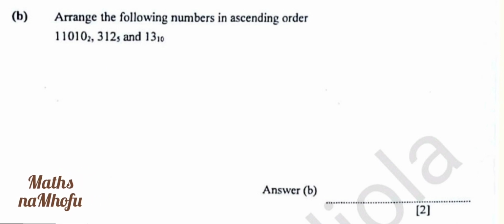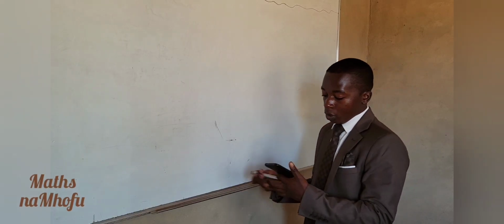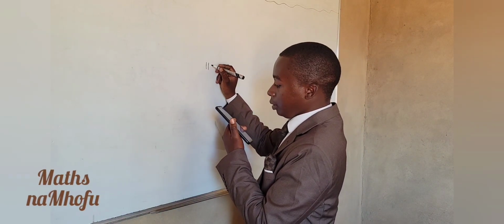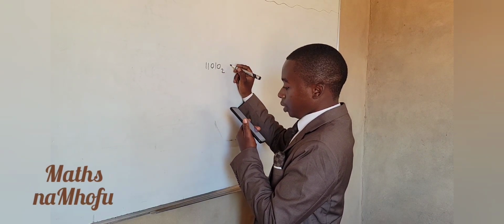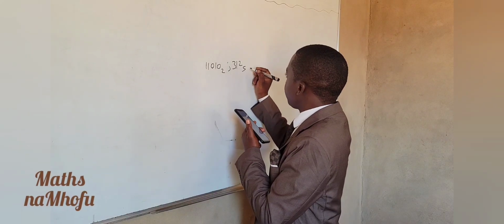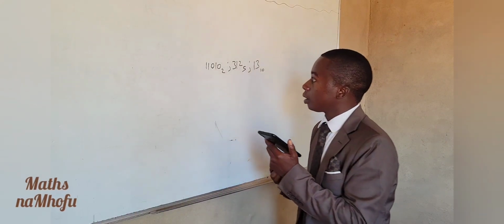So going up, it means you start from the smaller going to the bigger one. The numbers to write in ascending order are 11010 base 2, 312 base 5, and 13 base 10.